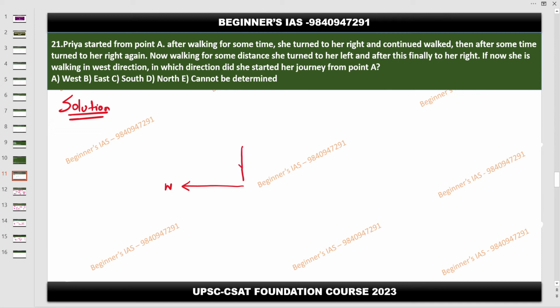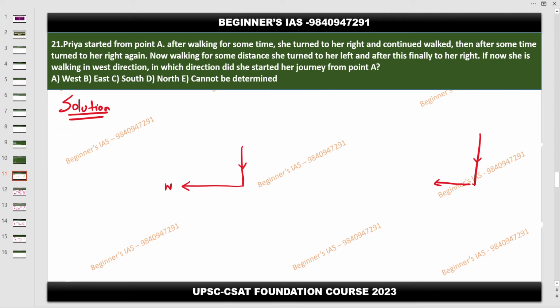Yes, sir. Now listen. If a person is walking in this direction previously, then only this is going to be our west direction. Understood? Then she has to take right. Do you understand why I'm writing in this way? Then I will tell you the statement clearly. Listen carefully. She is walking in the west direction before she turned to her right.